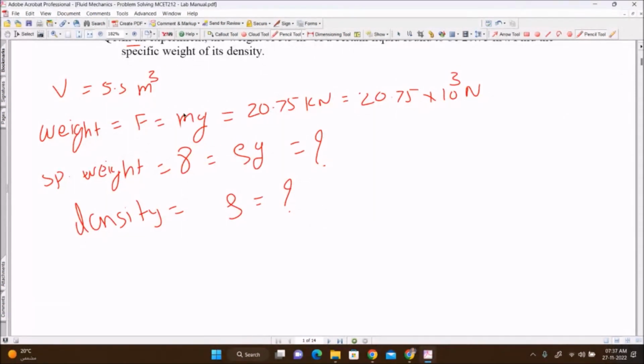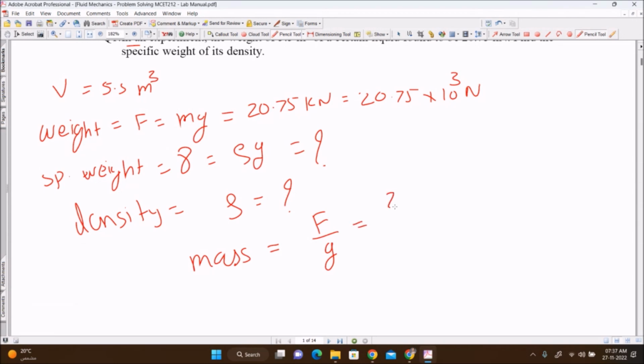Volume is given, we need the mass. From weight we can find the mass: F is equal to mg, so the mass of the fluid is F by g.